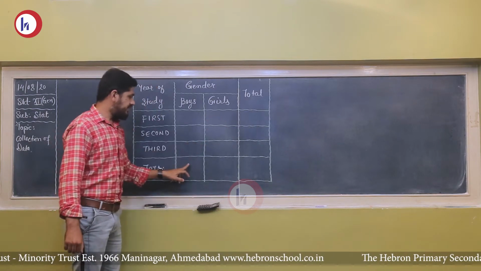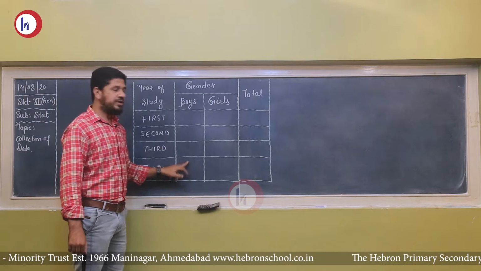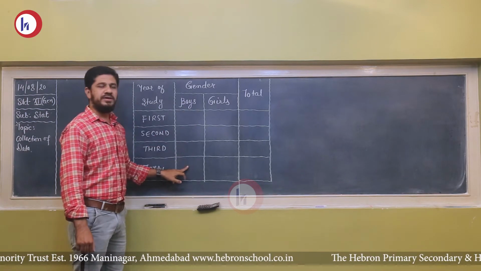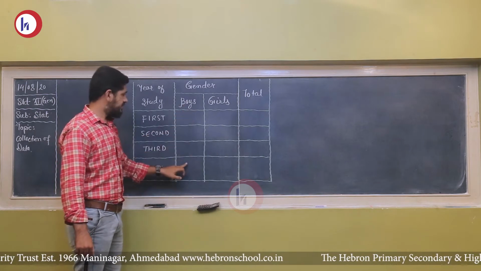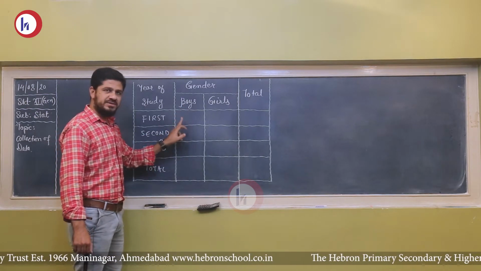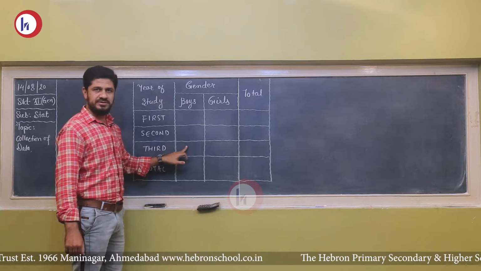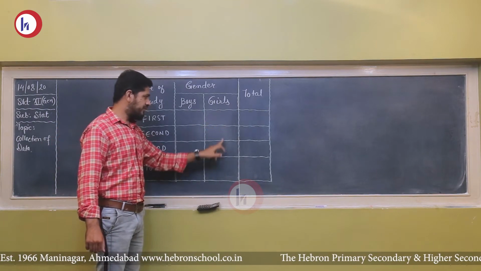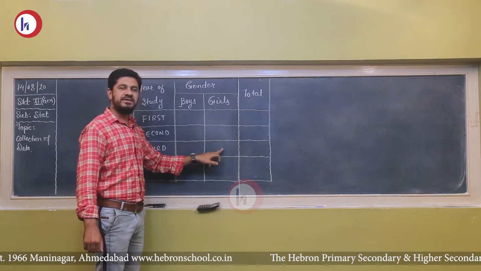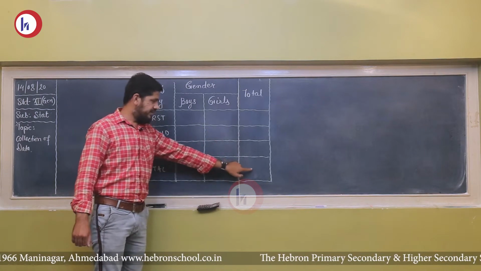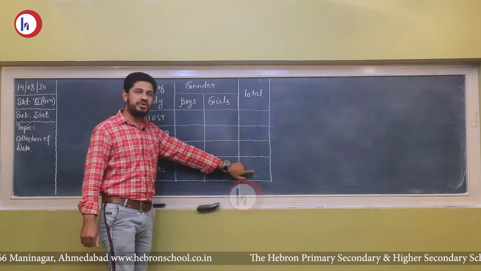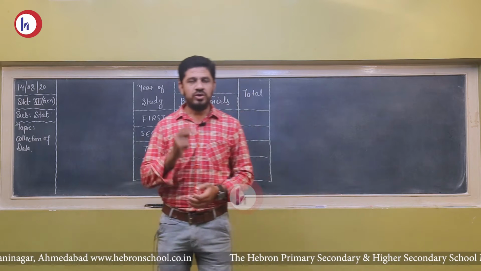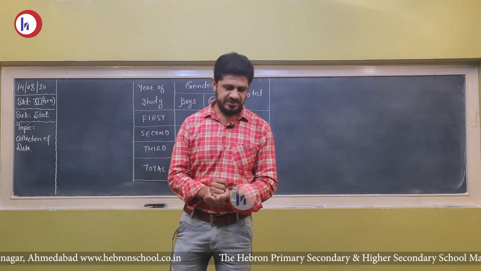This block indicates the total number of boys of first year, second year and third year. Same as this block indicates the total number of girls from first, second and third year. Finally, this block indicates the total number of students in the college, boys plus girls, from all standards.